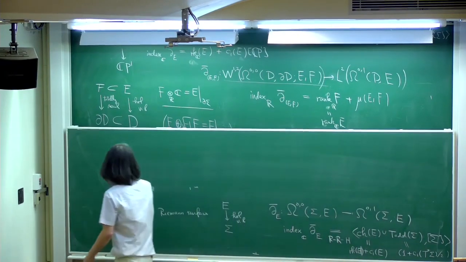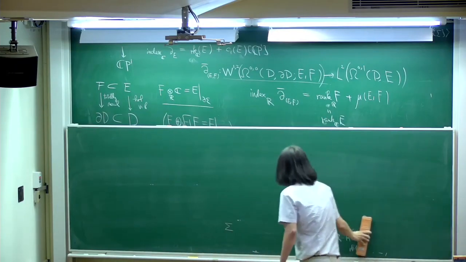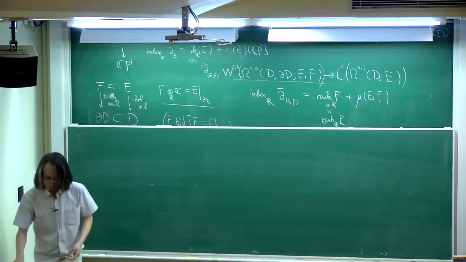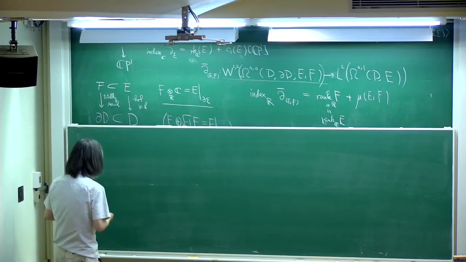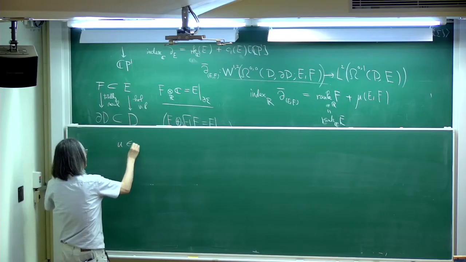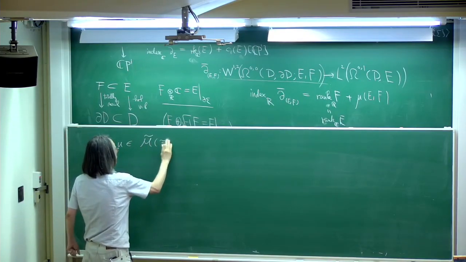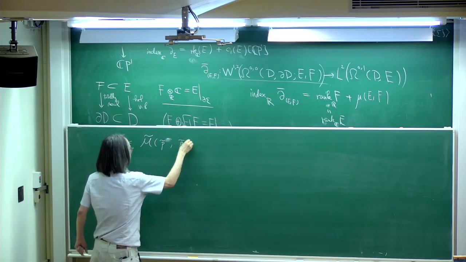So now I want to speak a little bit about the index of the linearized operator. So I have u in this M tilde of P tilde minus and P tilde plus.